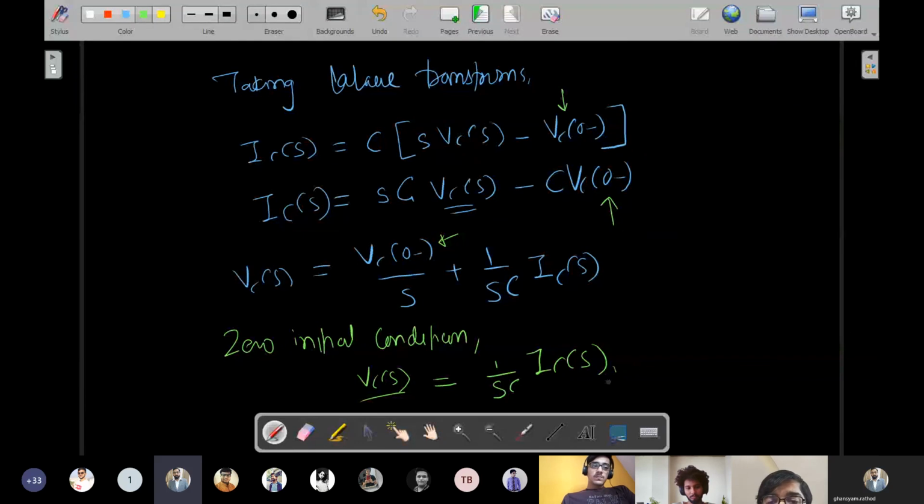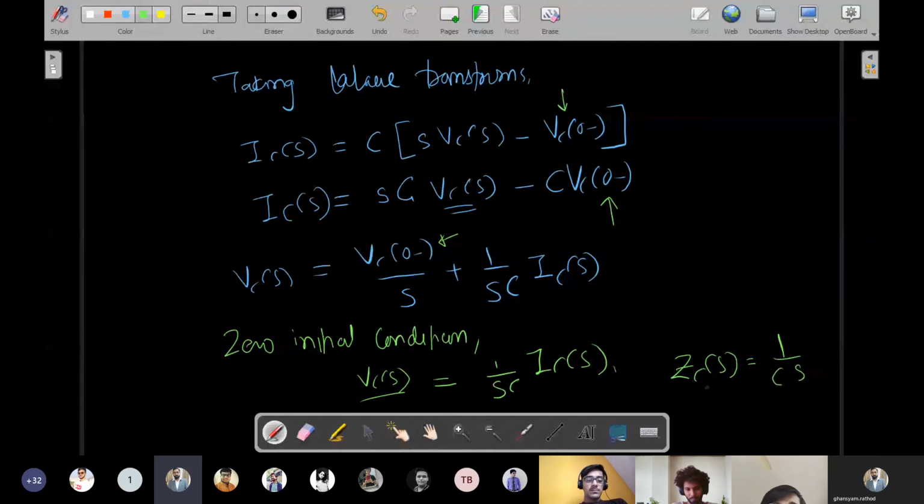Now you see, you need to write the equation of impedance for our case, the capacitor. Tell me directly, you can say from this one, the impedance equation for capacitor when zero initial condition we are considering. Tell me the equation of impedance. 1 upon CS, correct, because V by I, if you take this I this side, you can write 1 upon sC or 1 upon Cs.